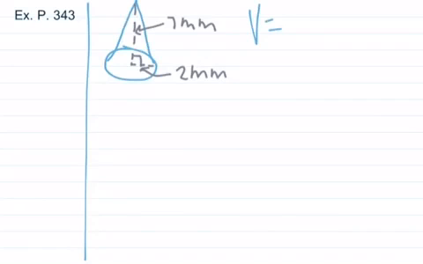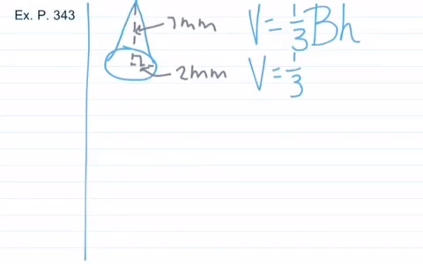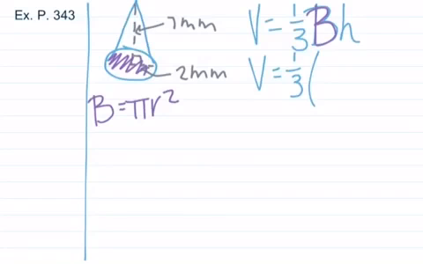Volume equals 1/3 times the area of the base times the height. Volume equals 1/3. Okay, guys, this time area of the base here is a circle. So how do you find the area of a circle? Pi r squared.